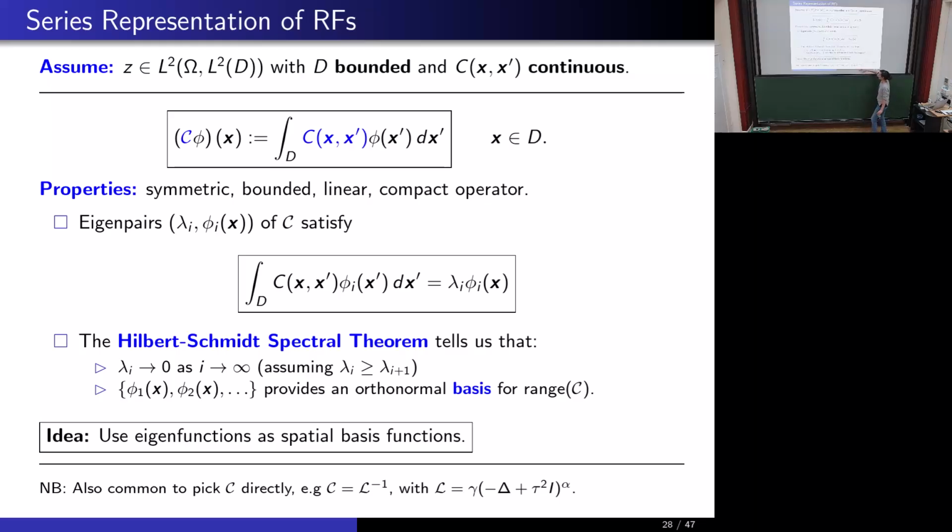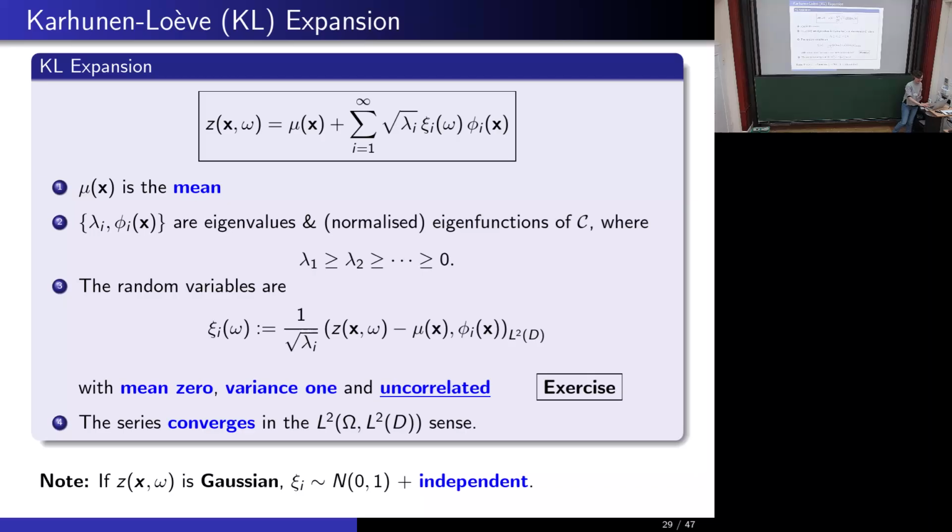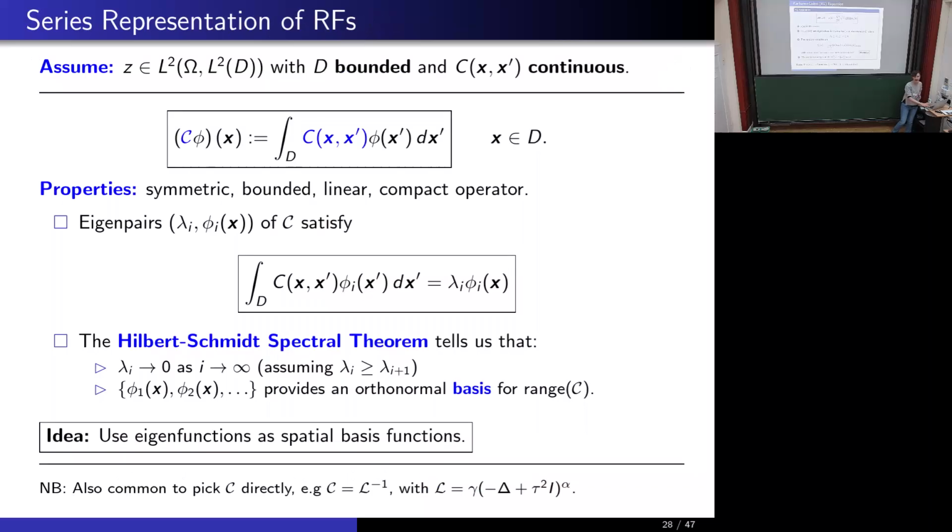If I choose this operator to be the inverse of some differential operator, you can think about this covariance function as really being like the Green's function associated with that. Okay, sure. But when it comes to doing numerics, people cook up all kinds of things. If you want to start there and backtrack to this, then the covariance function would be like the Green's function.